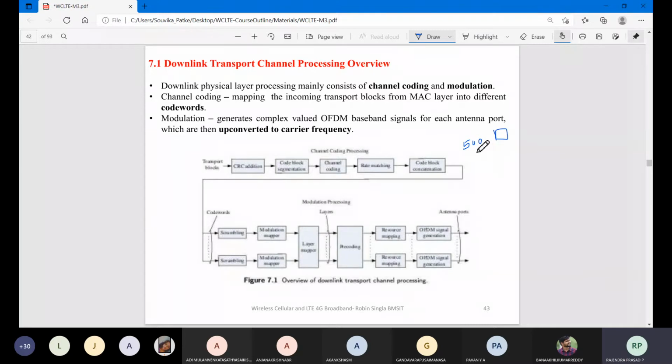You are doing up frequency conversion for your low frequency data so that it will match the carrier or the hardware, which will carry your information to the destination. That is the part we are learning, right? In the communication channel, what we were discussing, now how it is going to be processed. That is given in this overview of the downlink transport channel processing model. Each of these blocks we will be discussing one by one now.